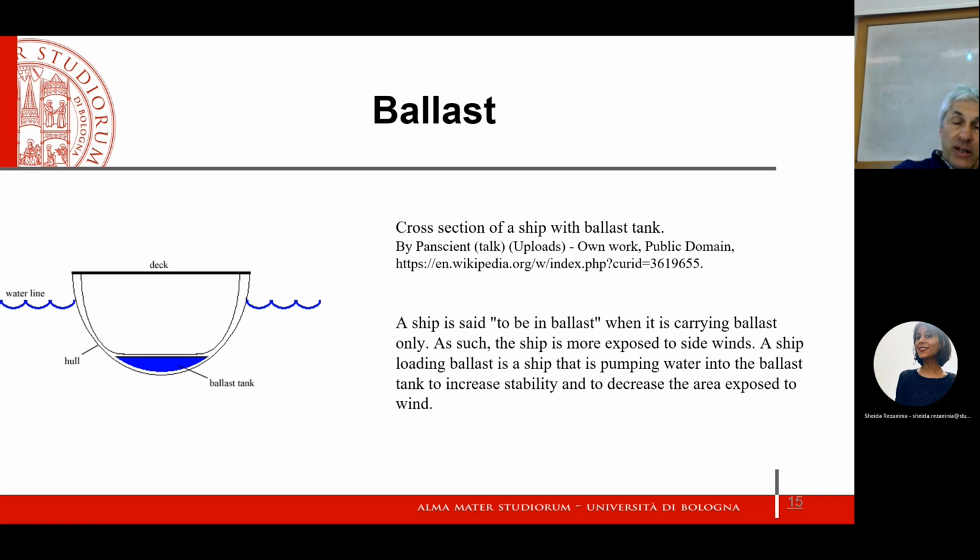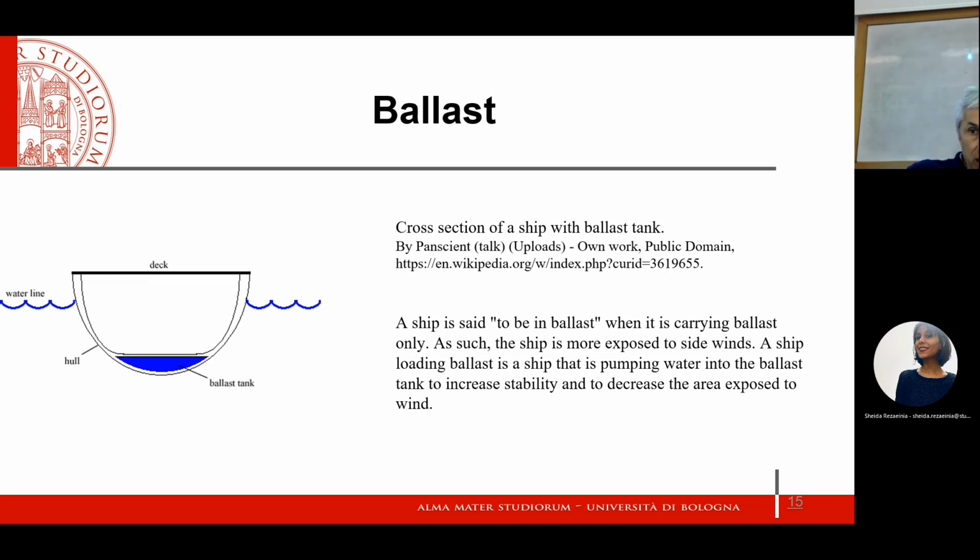Before I move forward by talking of wind, let's clarify what is a ballast and when we say that a ship is in ballast. So the ballast is the weight that a ship can carry on to increase its stability, especially when it's unloaded.